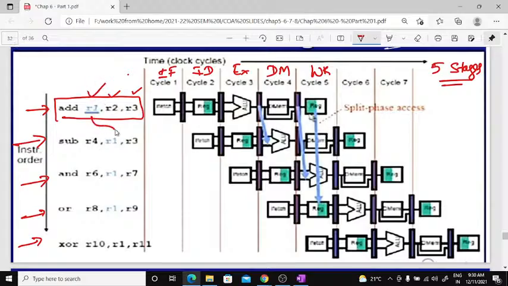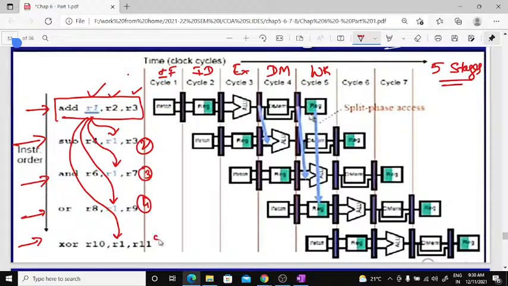This R1 is used by the second instruction, and also by the third, fourth, and fifth instructions. All of these instructions depend on the first instruction. These three need the value of R1, and we already know some delays occur in these instructions, as we discussed in the last class. Now we have to avoid that delay.